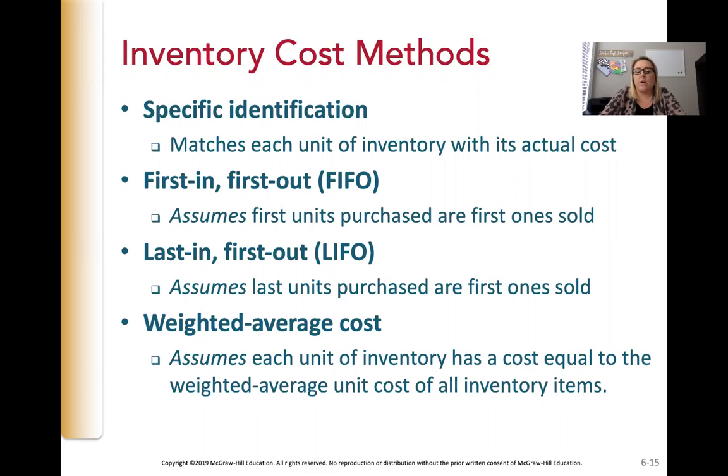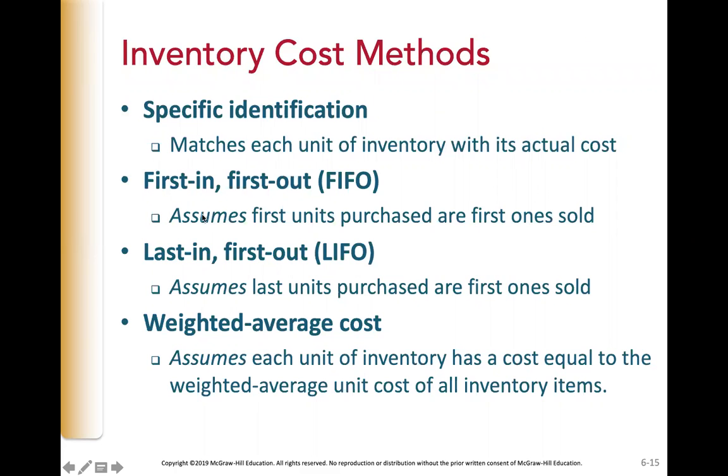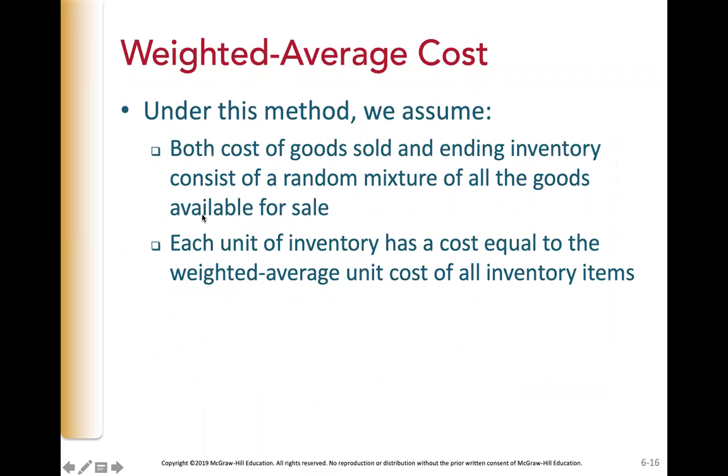Again, weighted average cost assumes each unit of inventory has a cost equal to the weighted average unit cost of all inventory items. Under the weighted average cost method, we assume that both cost of goods sold and ending inventory consist of a random mixture of all the goods available for sale.